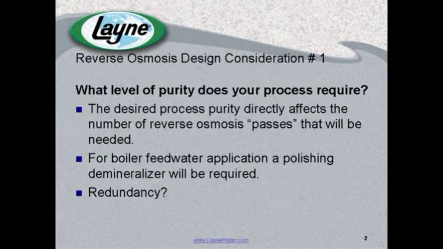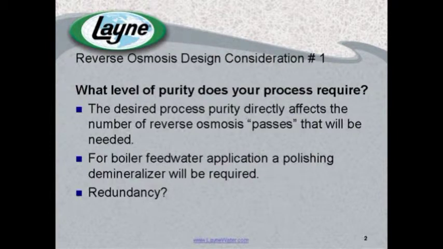And if you consider that simple example, and you look at your reverse osmosis system as really being the heart of that overall boiler feed water system, you begin to have an appreciation for why it's so important that you understand exactly what type of output you want in terms of quality and quantity.